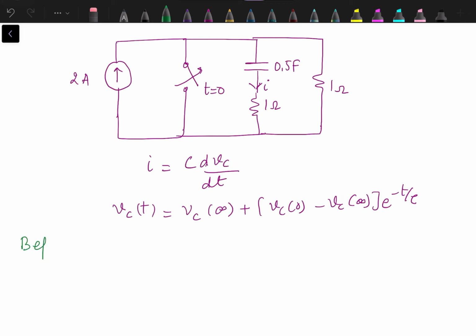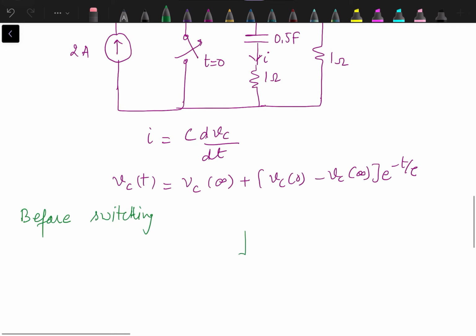Before switching, now what was there before switching? The switch was closed for a long time, with a 2 ampere source. How does the capacitor behave?